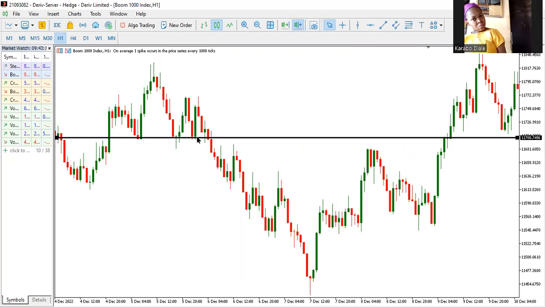As soon as the price breaks the line, you know that we have to sell. Look at what the market did. Instead of going down, it went up. So if your stop loss was very tight, you're going to be kicked out of the market. Look at the distance from here to here. That's the disadvantage of the head and shoulder.